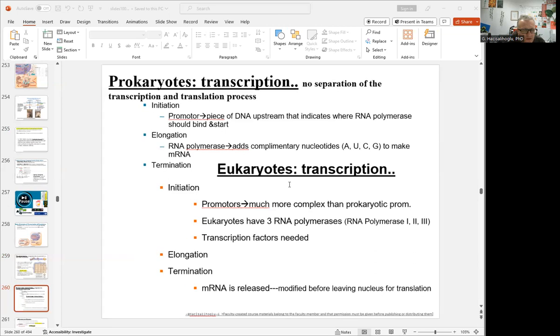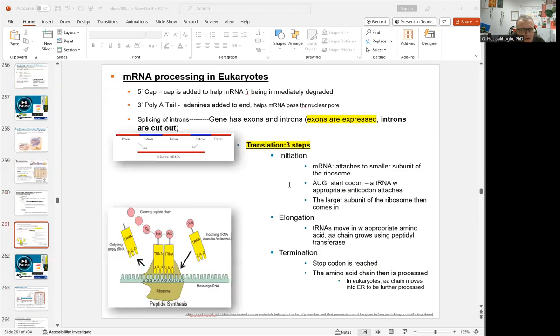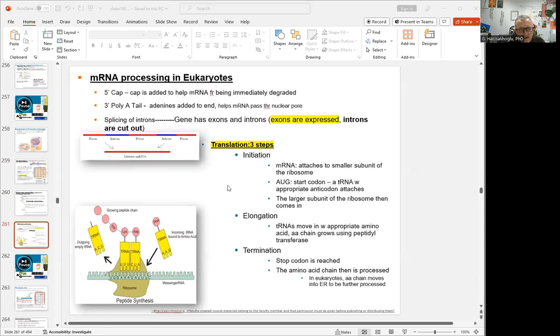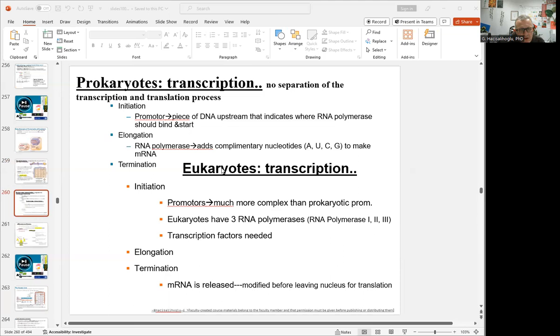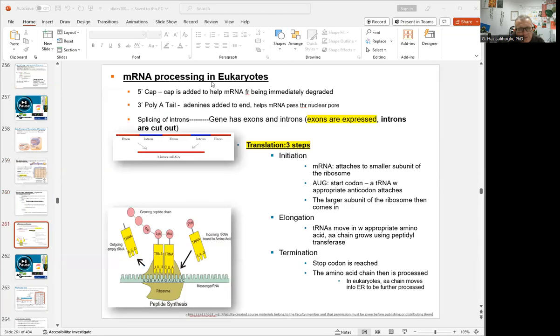I think it's better if you see it in a picture. So first, once DNA is transcribed to mRNA, which is messenger RNA, it is released, but in eukaryotes the mRNA is processed.